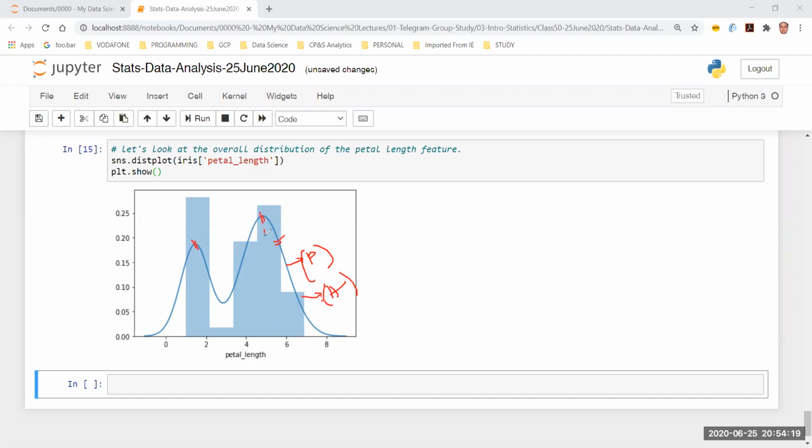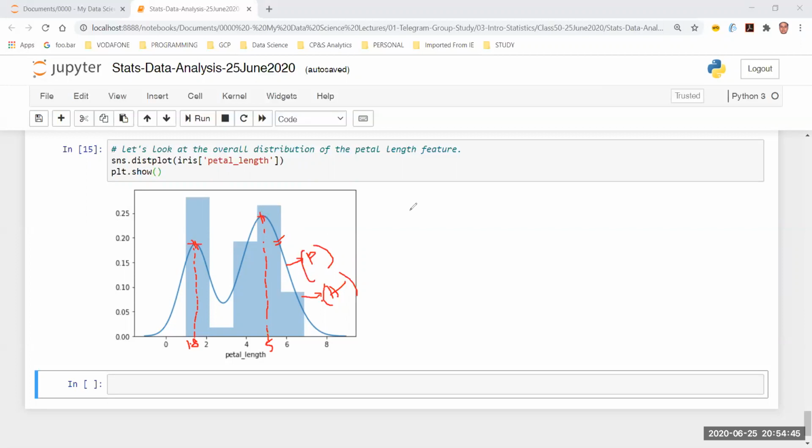There is a good amount of flowers with a petal length of approximately 5. I'm not entirely sure what the exact value is right now. We'll find out. And there is another type of flower with petal length approximately 1.8 or 1.7. So 1.8 is one mode, 5 is one mode.